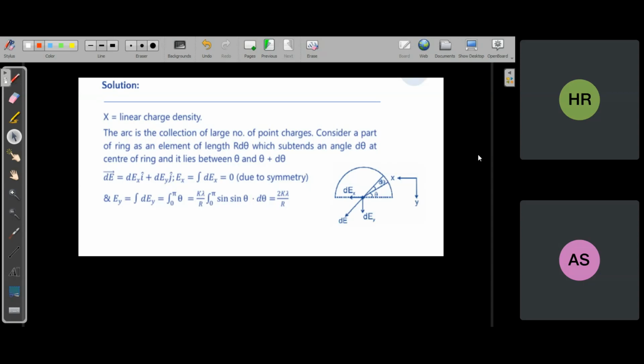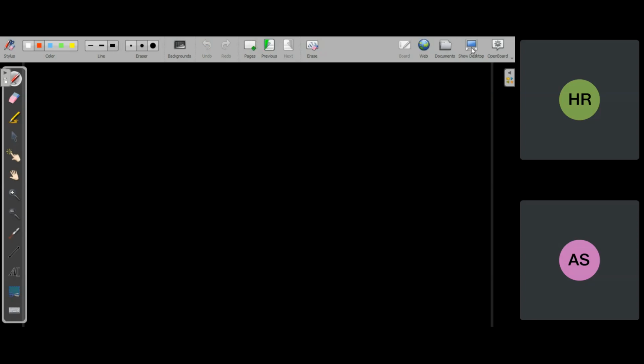No doubt, sir. So this is the linear charge density lambda. Do you want to go to the next? Yes, sir.